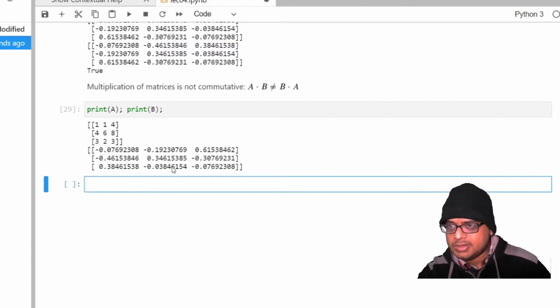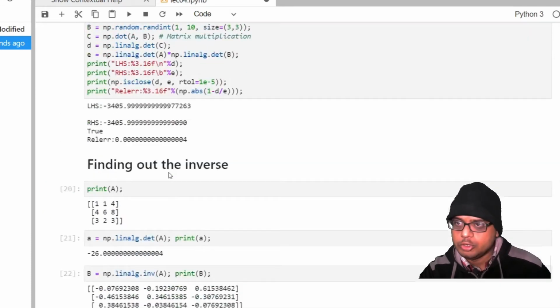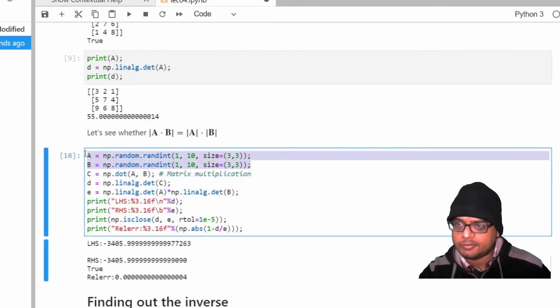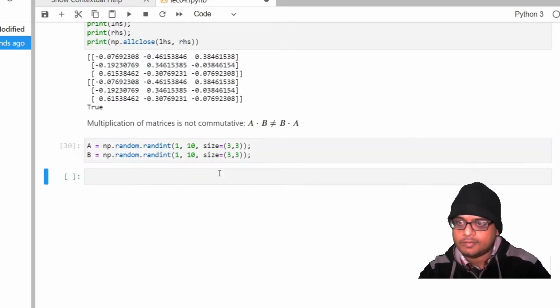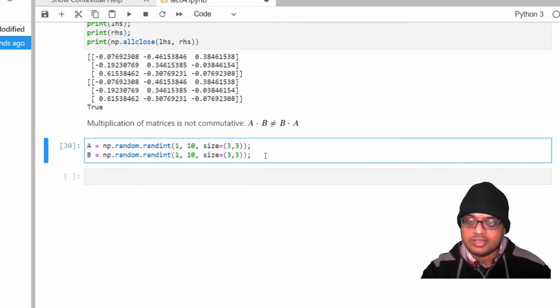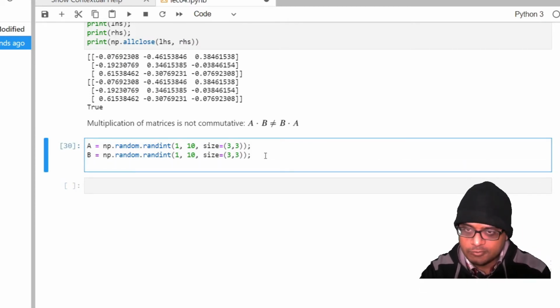In fact, let me redeclare A and B to be two new matrices. Let me reuse that code. Alright, so A and B are randomly initialized. Now we need to check whether A times B is equal to B times A.